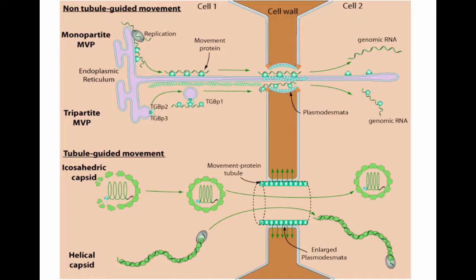Okay, now how do you move cell to cell? Well, if you remember that plants have these little connections called plasmodesmata, and it turns out that plasmodesmata actually have endoplasmic reticulum that is continuous through the plasmodesmata.